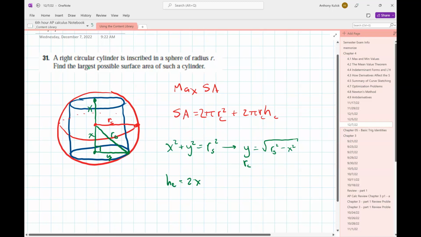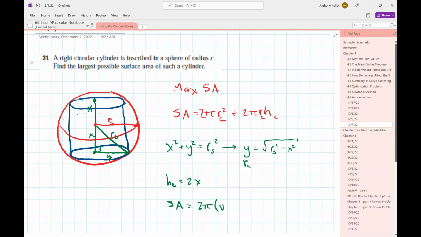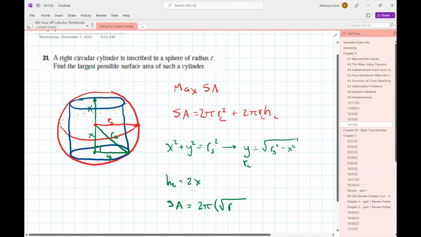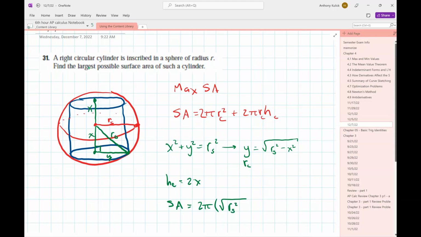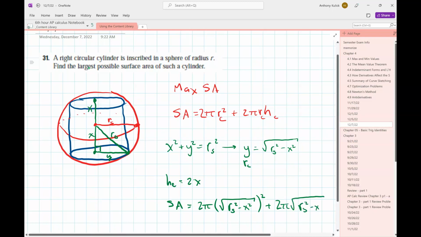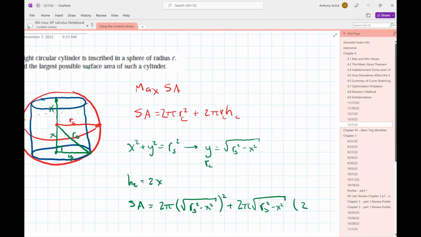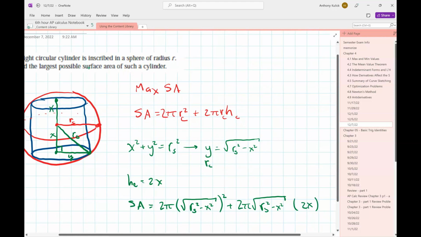So what I can do then is I can rewrite my surface area. I feel like I'm missing something.